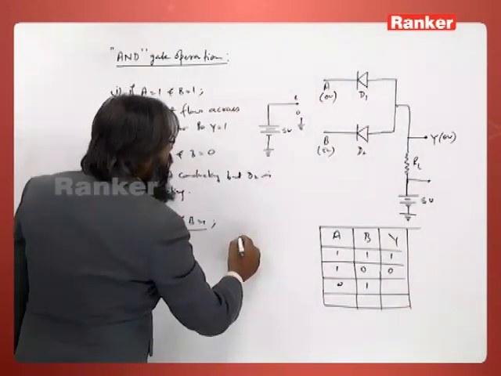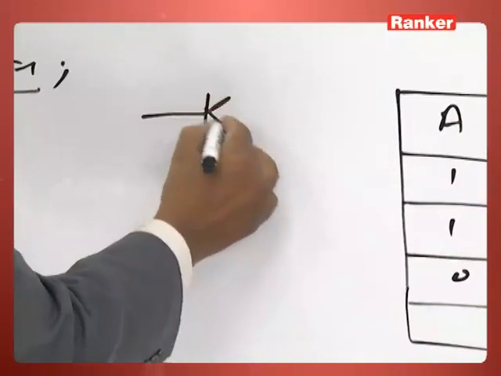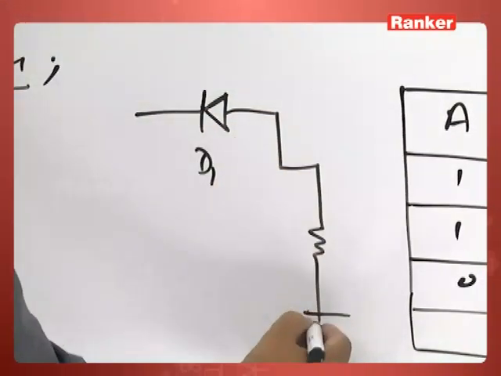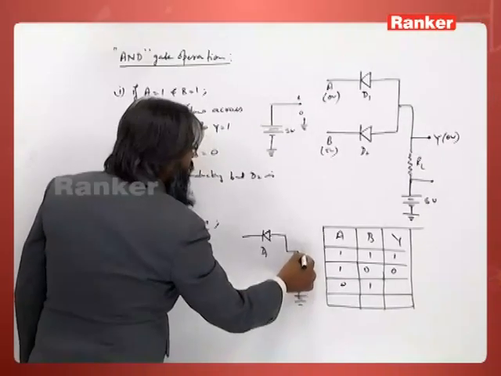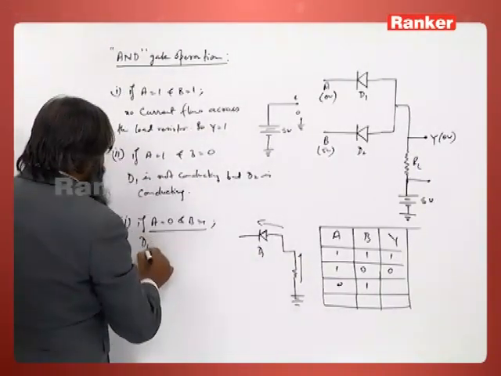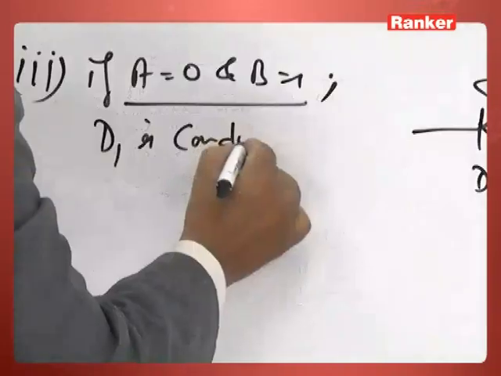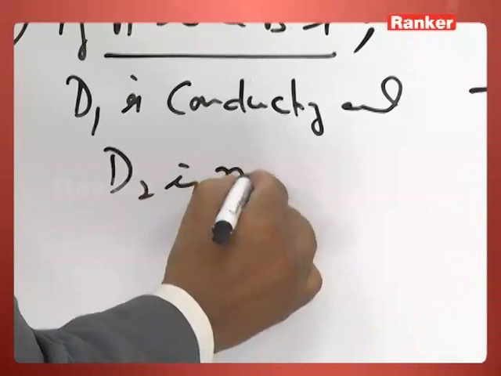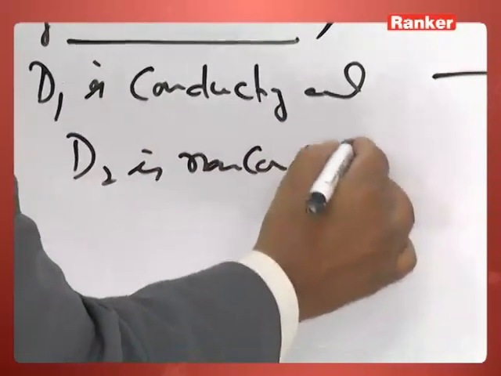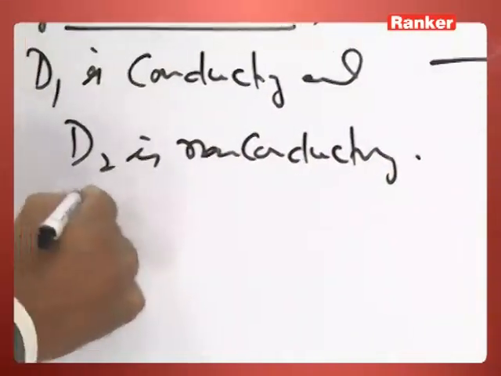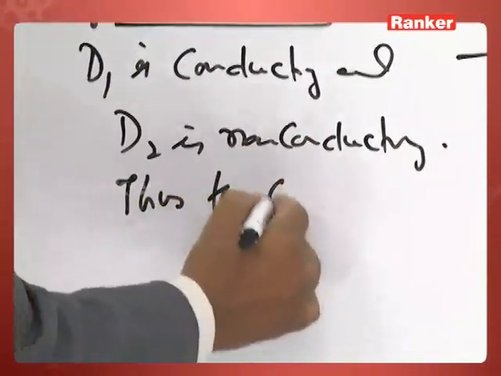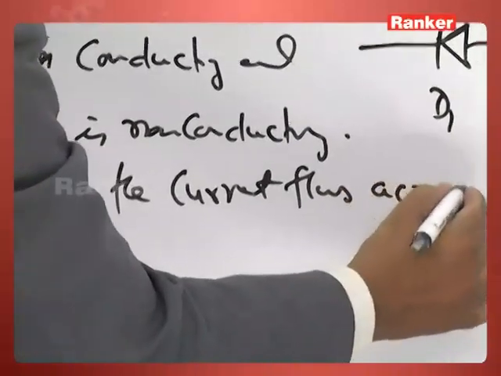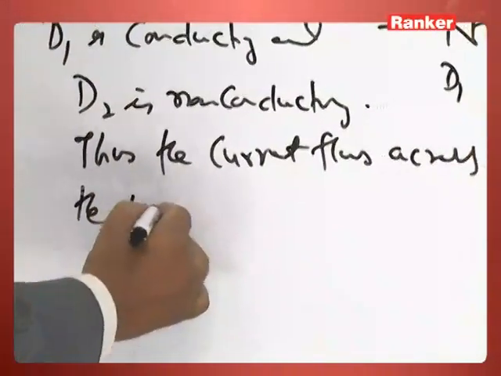So, in this case D1 is conducting. So, the current flows in this direction. So, D1 is conducting and D2 is non-conducting. So thus the current flows across the load resistor.